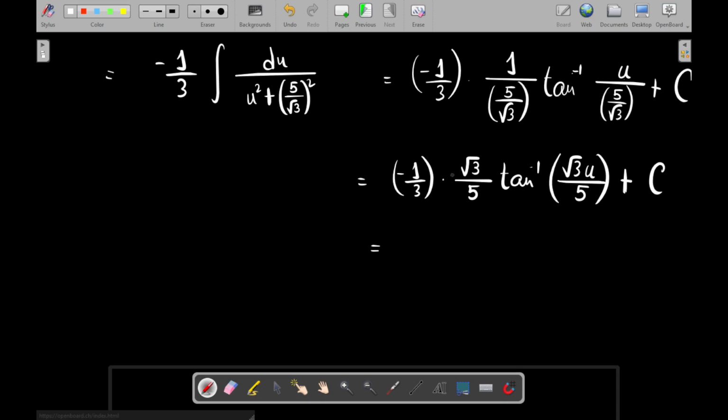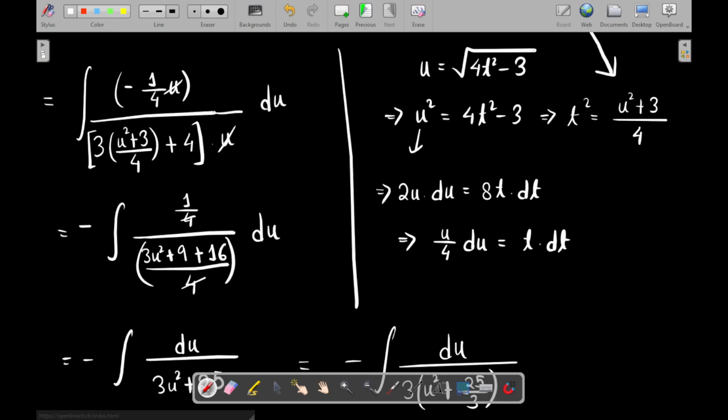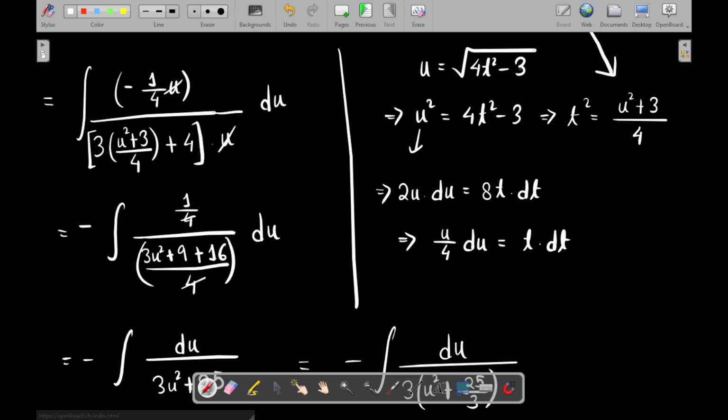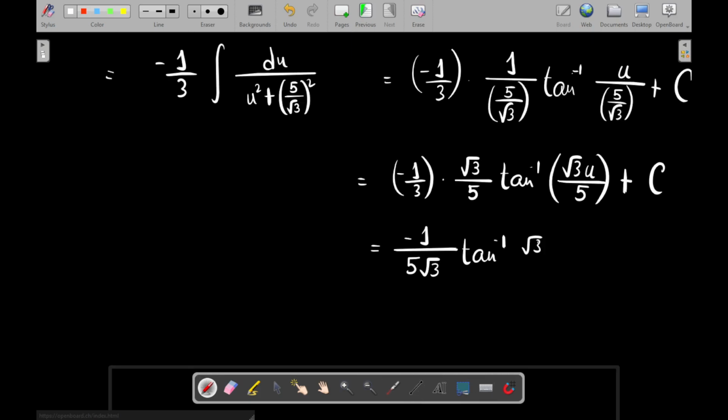So on cancelling this root 3 and 3, we are left with minus 1 upon 5 root 3 tan inverse of root 3, and u was our square root of 4t square minus 3, right? So I will change it in the next step after this.